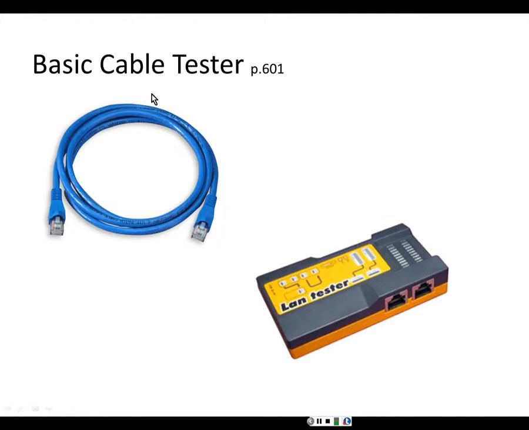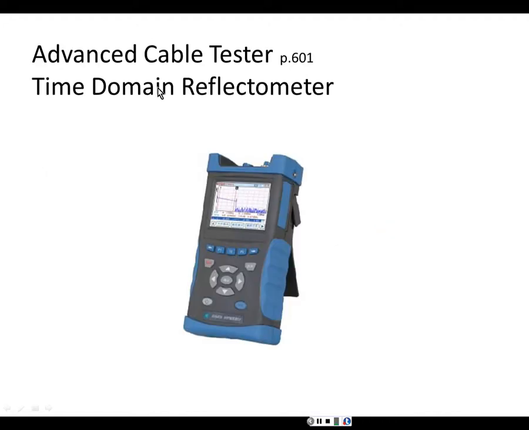Or you could use a basic cable tester. A basic cable tester is really just 8 ohm meters in one. You take one end of the cable and plug it in to one end of the cable tester, and the other end of the cable and plug it into the other end of the cable tester, and if all 8 little lights light up, then you know the cable is good. That's a basic cable tester.